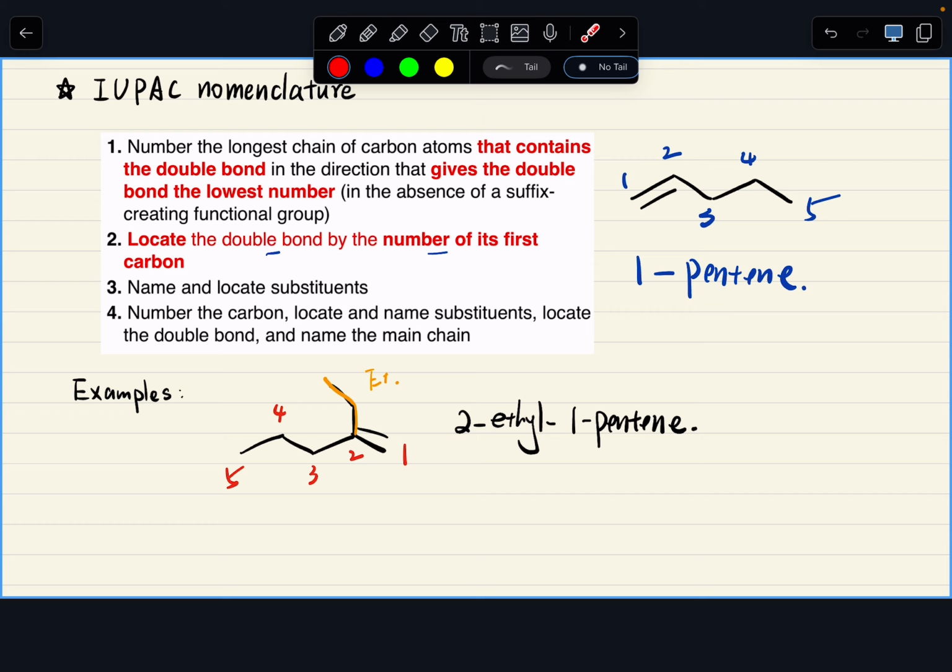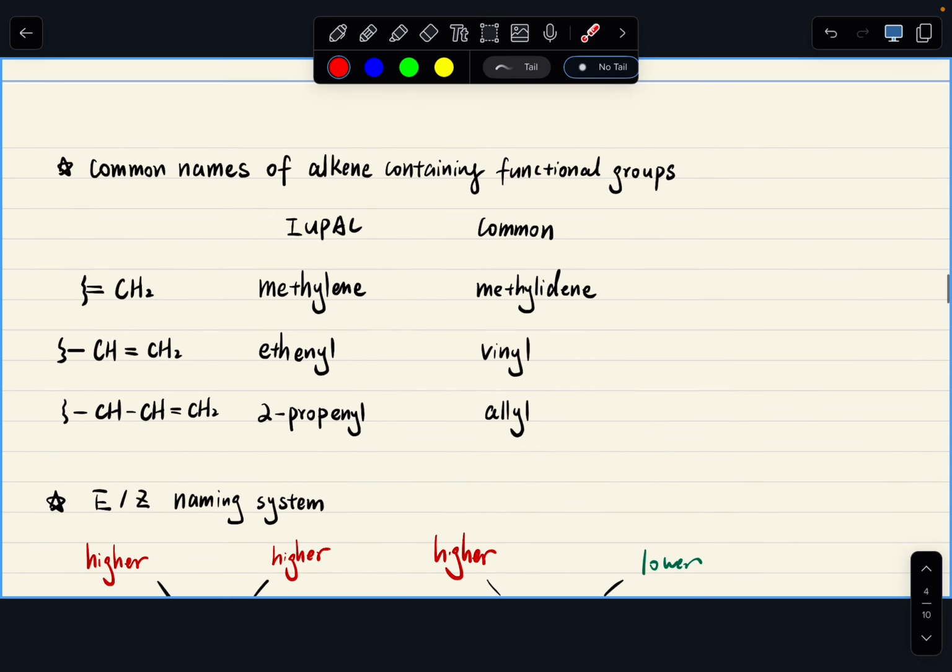And we have several common names for double bond containing functional groups. For example, when you have a CH2 group double bonded to something else, sometimes we call it methylene or methylidene. And you can have an ethenyl group, or we call it a vinyl group. Or when you have a 2-propenyl group, we call it an allyl group.